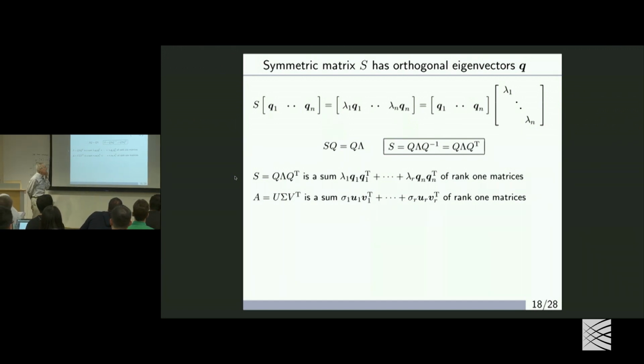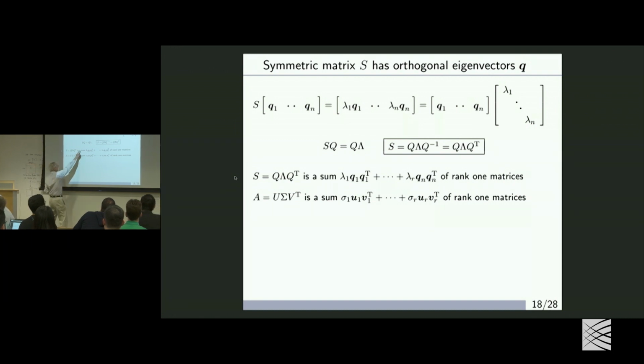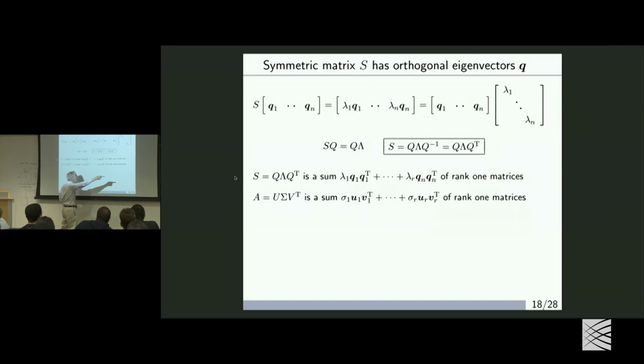Actually, that first line, which is repeated here in matrix notation, is so important. S times the eigenvector matrix gives lambdas times Q's, and then I can pull out the lambdas, they show up on the right-hand side, times the Q's, and that is SQ equal Q lambda.